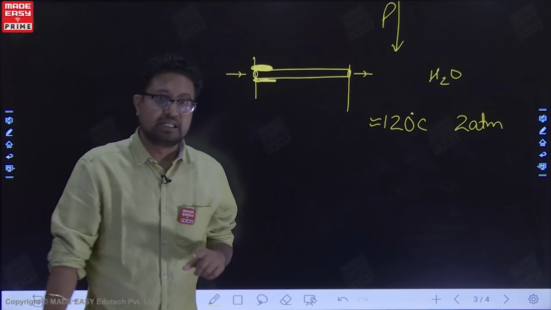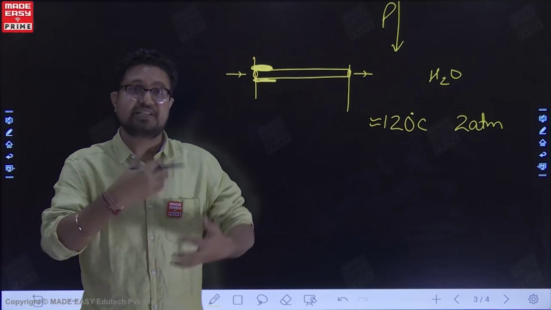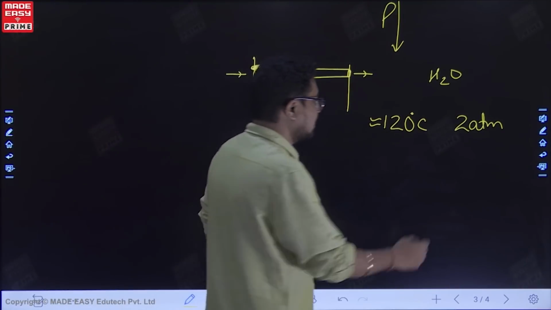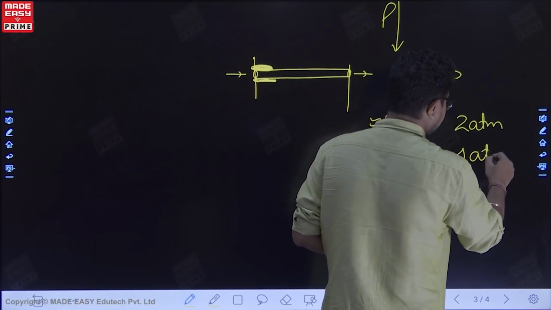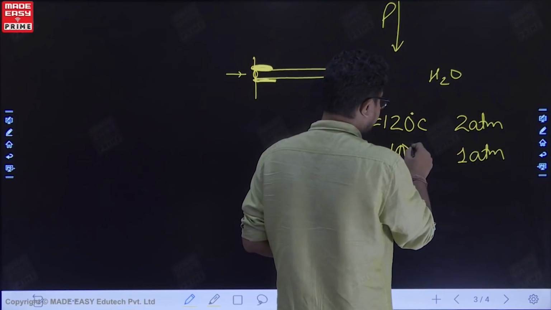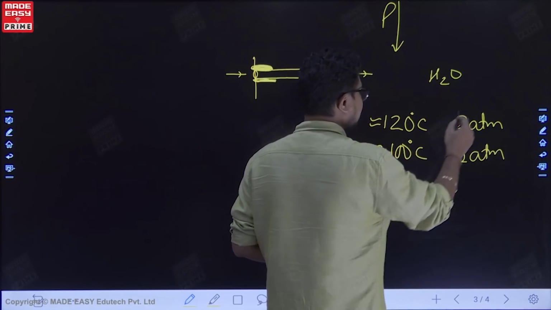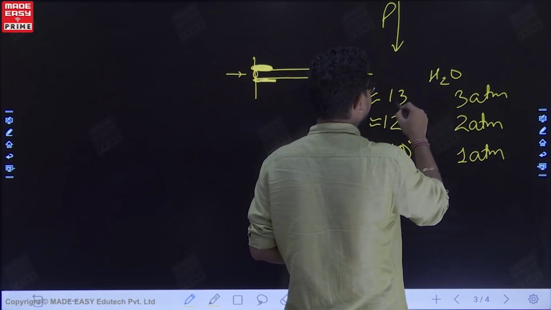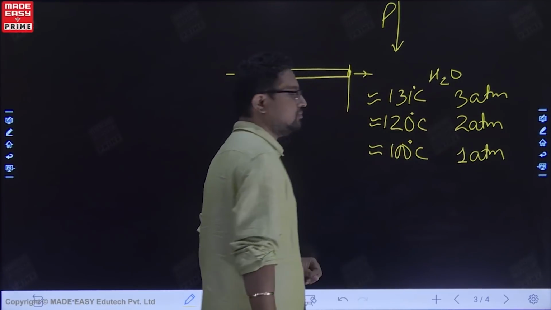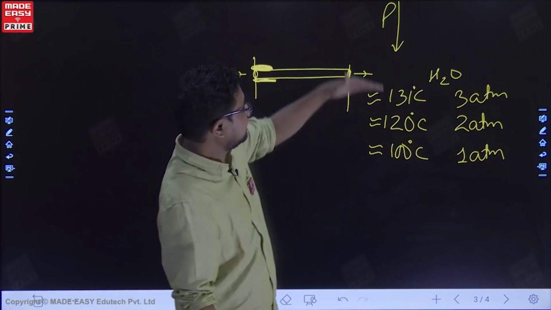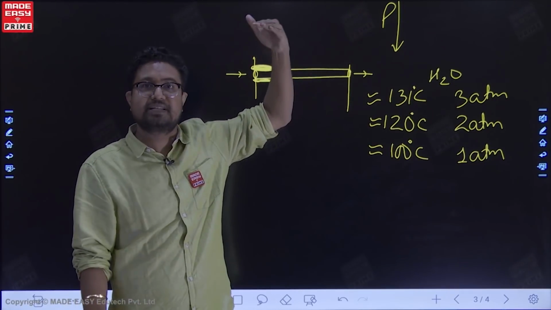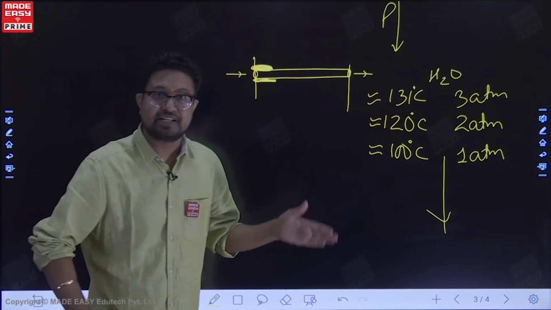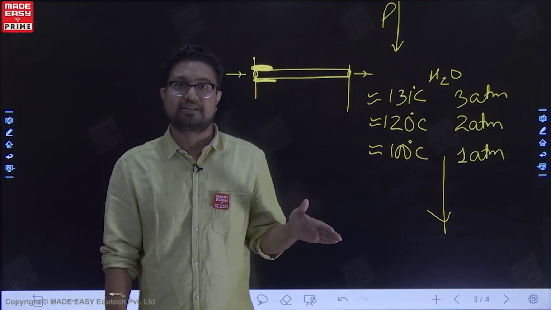That means at 2 atmosphere, the phase change from liquid to vapor will take place at 120. At 1 atmosphere, the phase change takes place at around 100 degrees Celsius. At 3 atmosphere, it takes place around 131 degrees Celsius. As you increase the pressure, the phase change temperature increases. As you reduce the pressure, the phase change temperature will reduce.